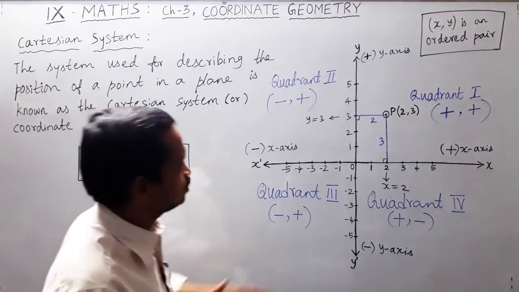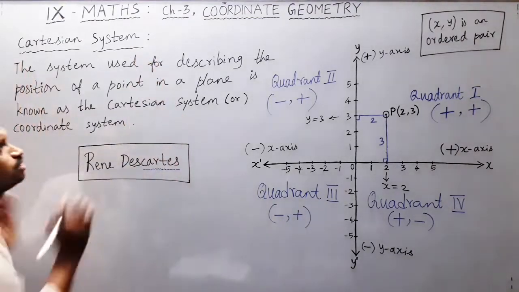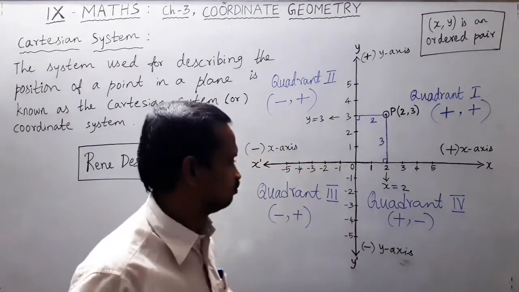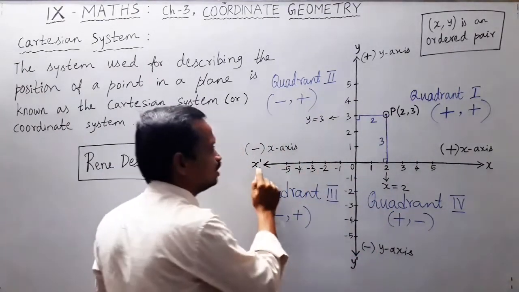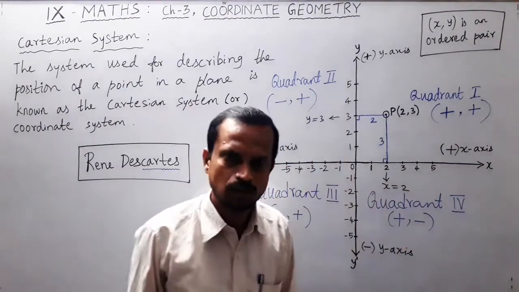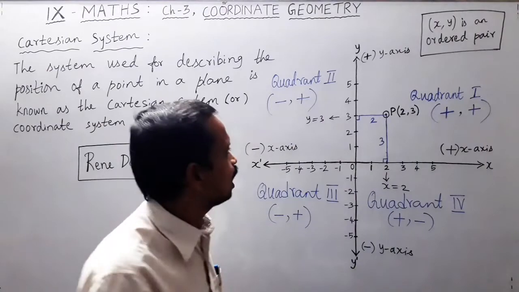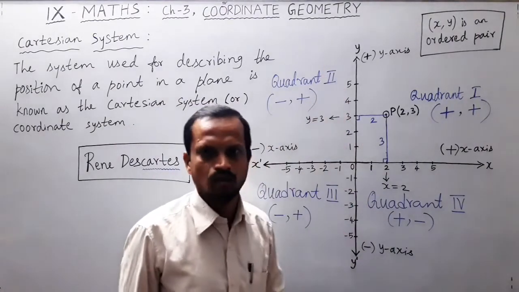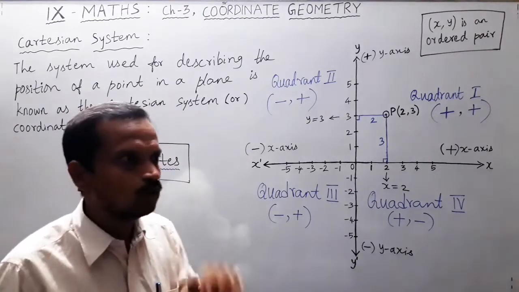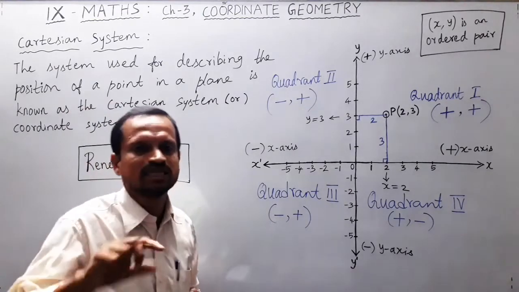Then coming to this, after writing all this, you draw this graph. You see here this horizontal line always represents the x-axis, and that vertical line represents the y-axis. Axis is singular and the plural is axes.